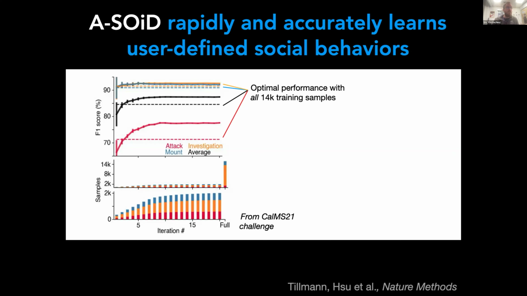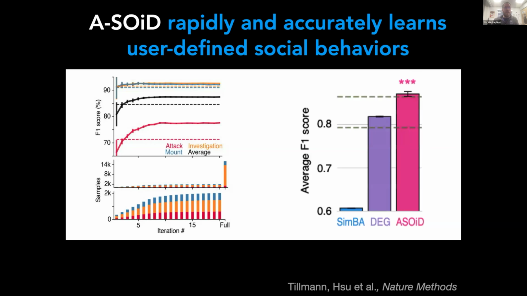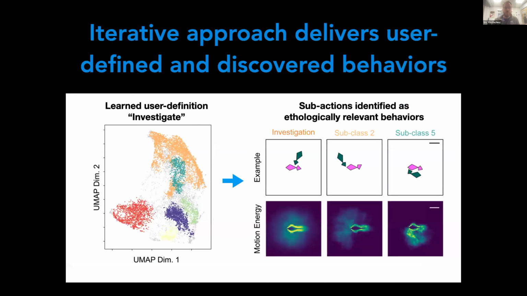On these social behaviors from the CalMS21 challenge, we're able to outperform with just a fraction of that data, and compared to other leading techniques, the method outperforms.